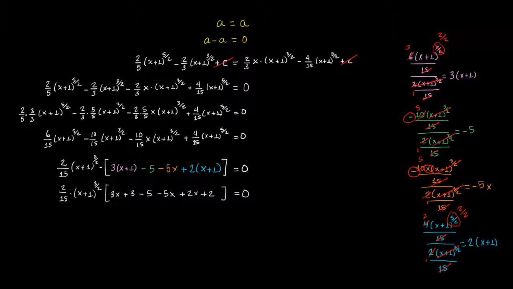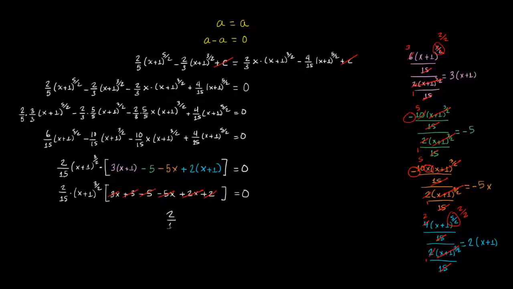And now let's see. We have here this positive 3 times x, this positive 2 times x, and this negative 5 times x. So actually we can cancel out these three like this. We have this positive 3 and this positive 2 and this negative 5, so we can cancel out these three as well. So at the end, this whole term will look like this.